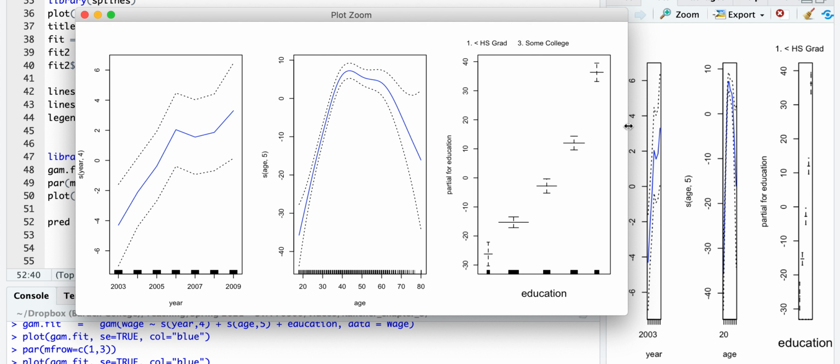So in this chapter, we learned how to go beyond the linear models. We talked about polynomial regression, step functions. We talked about basis functions, piecewise polynomials, and generalized additive models.